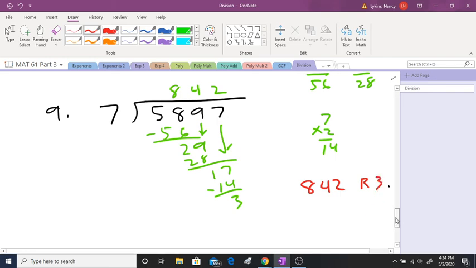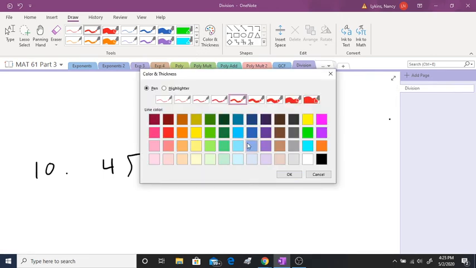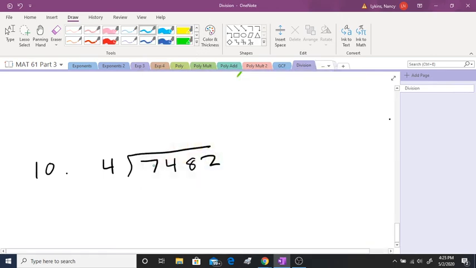So in my last one that I want to do, how many times does 4 go into 7,482? Let's break this up like what we've been doing, piece by piece. 4 goes into 7 one time. 1 times 4 is 4. Subtract and you get a 3. Bring down the 4. Now 4 goes into 34. I know 8 times 4 is 32, so it's going to be an 8.